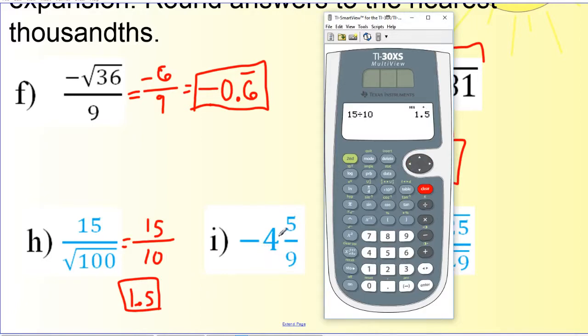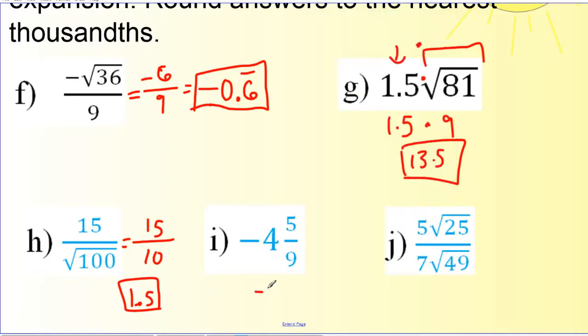Next one. Negative 4 and 5/9. Now, I know the whole number part here is going to be negative 4 point something. I'm going to use my brain instead of the calculator here, because I see this pattern, this 9 down below. I know this is going to be a repeating decimal, just like before.